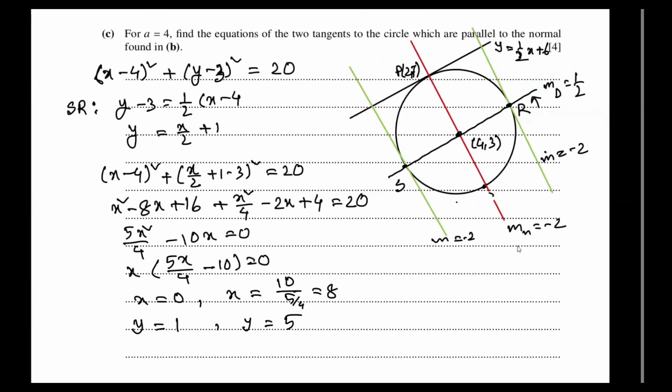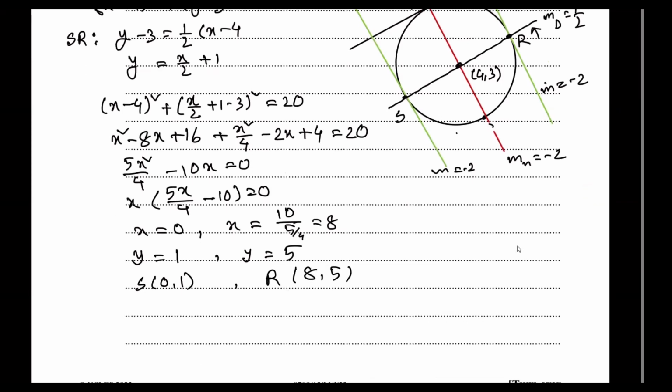So the coordinates of S are (0, 1) and of R are (8, 5). The equation of the tangent at S is y minus 1 equals -2 into x minus 0, so y equals -2x plus 1.